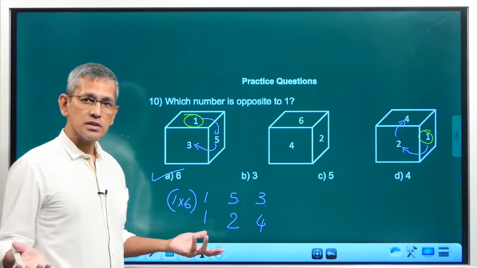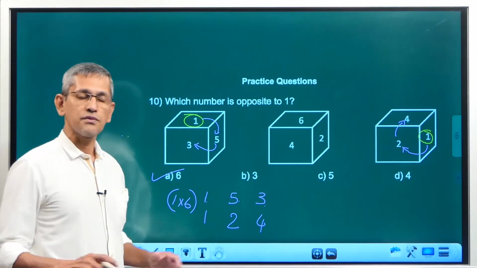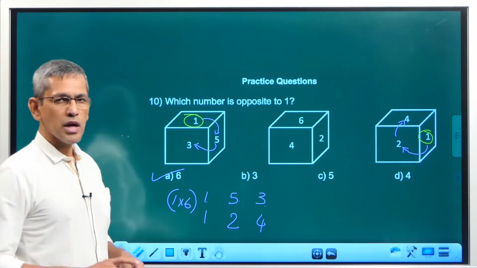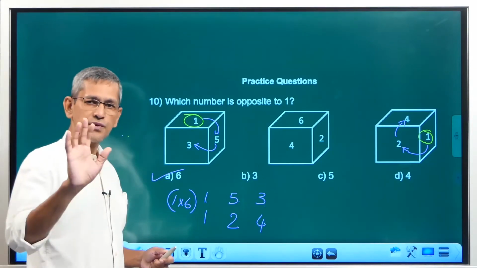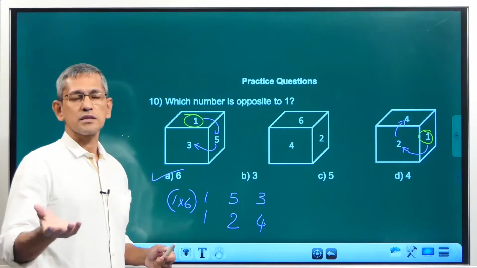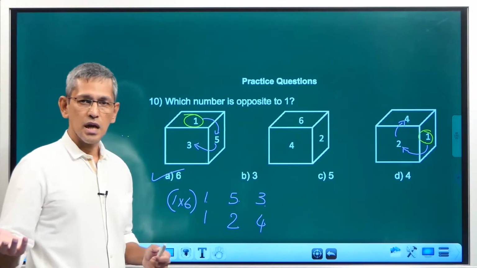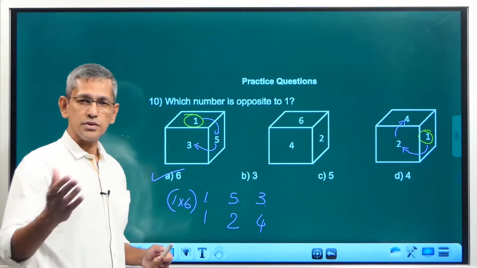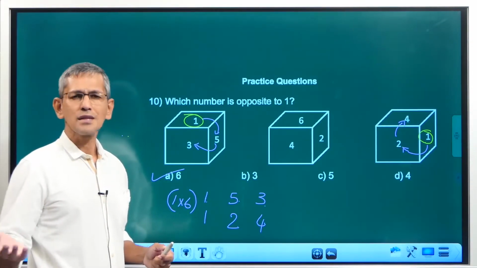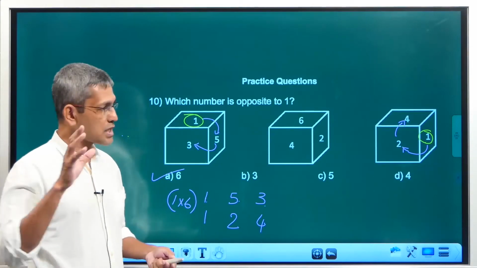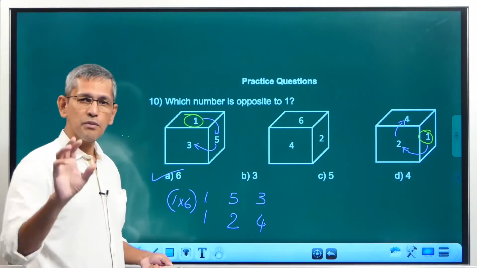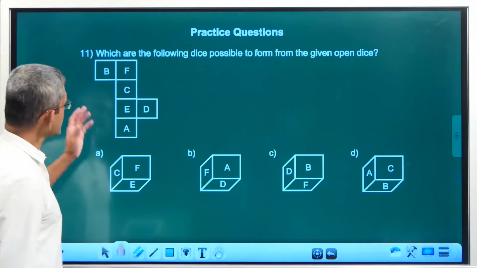In that case it is a standard dice. Otherwise it's ordinary. I'm not really expecting such kind of questions for the exam. They never ask you to differentiate between an ordinary dice and a standard dice. These are essay type questions. Here in mental ability we have only objective type questions. Okay, this is what it is.